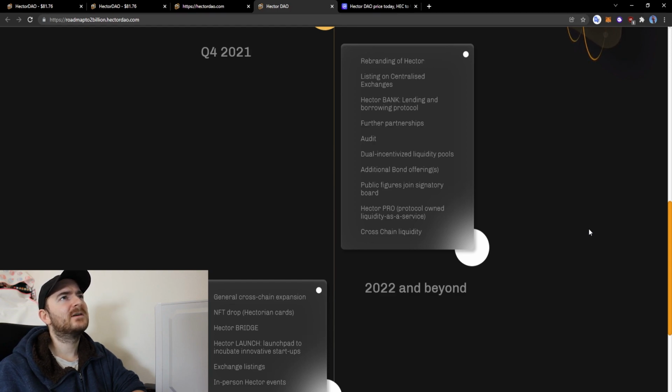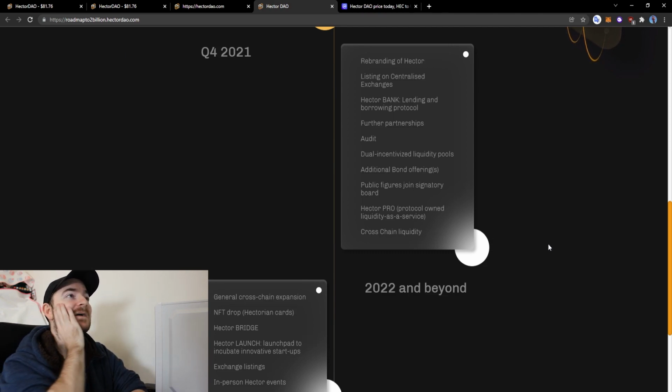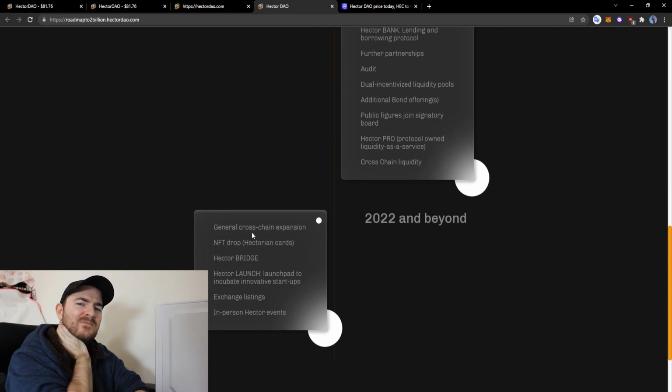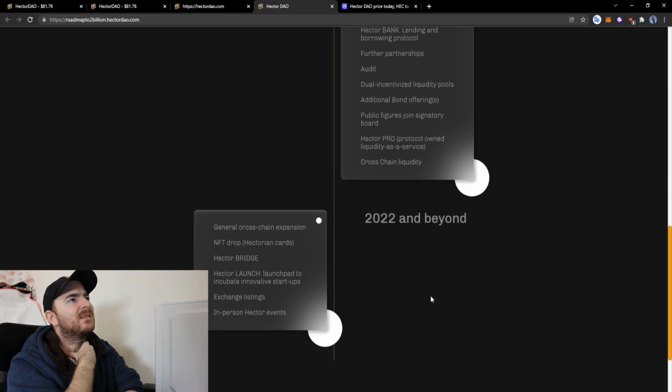Additional bond offerings, public figures join signatory board. Okay, cross-chain liquidity in 2022. NFT drop, Hectorian cards. And then Hector Bridge. So I guess that'll be for bridging different assets across networks. More exchange listings and events.